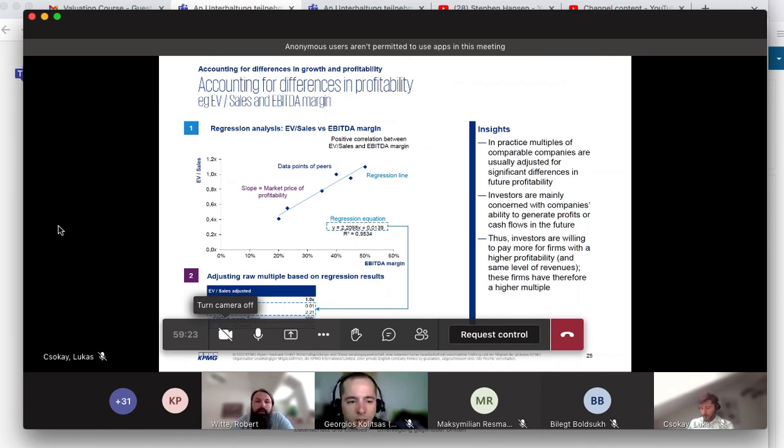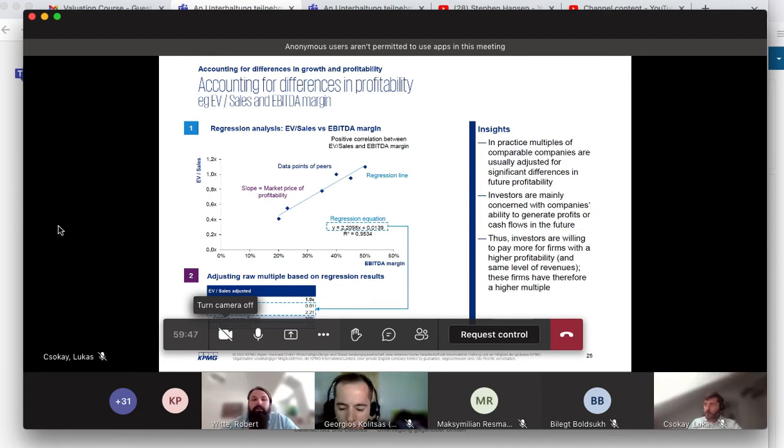And this is exactly what we account for here, because only by looking at EV sales, and Lucas mentioned this before, you're assuming that you have the same profitability, meaning you generate the same income, the same cash flow from one unit of sales.